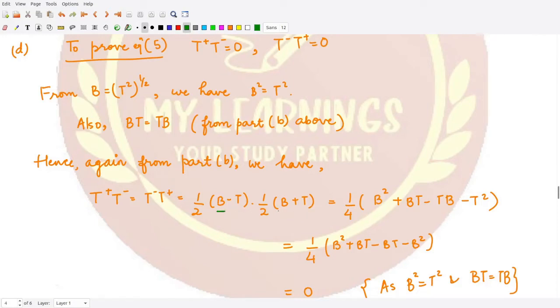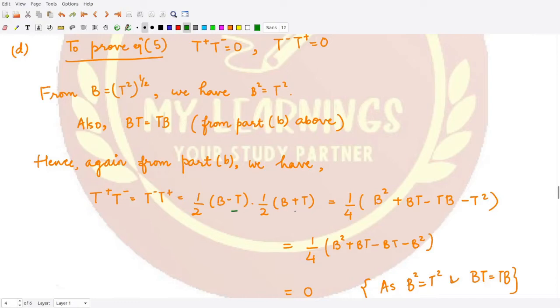So B composed with B would just be the B square operator. Then B composed with T would be BT and not TB, because we have to keep the order in mind. Next, minus T composed with B is minus TB and not BT, because of the order.